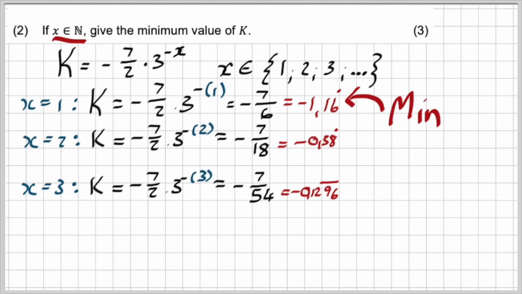Because remember, it goes from negative 1.16, and then it goes up in the positive direction to negative 0.38 recurring. And then it goes even more positive to 0.1296. So what is the smallest value, the most negative value? And that is negative 1.16 recurring.